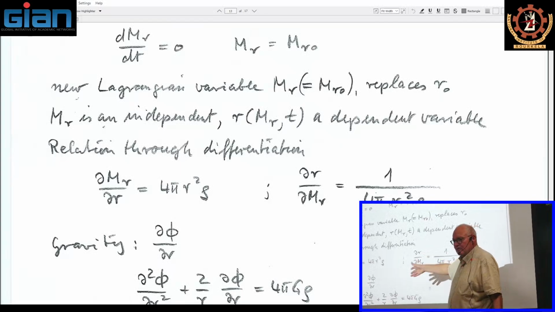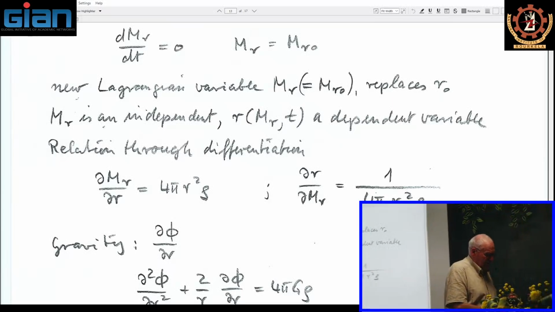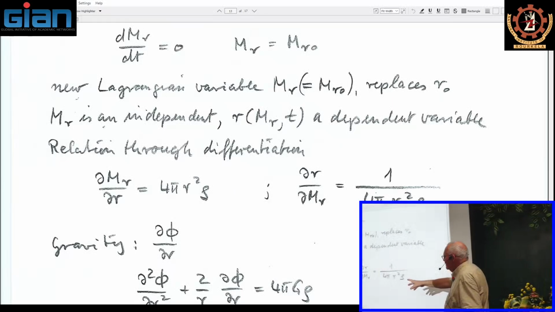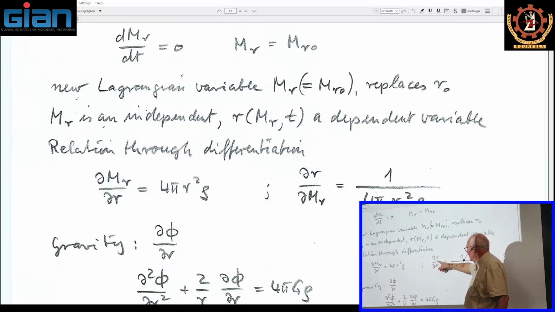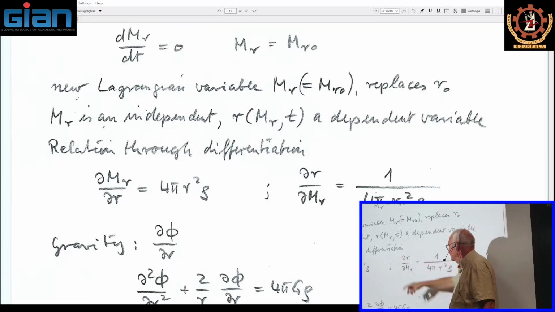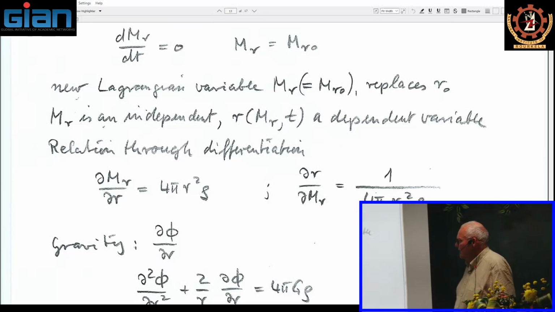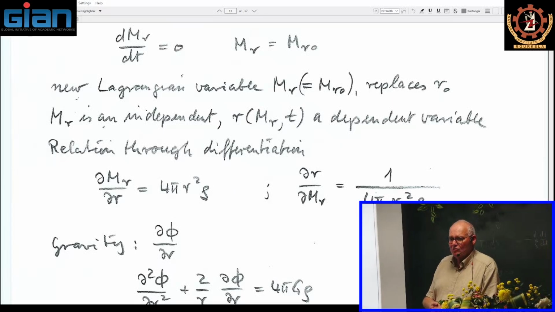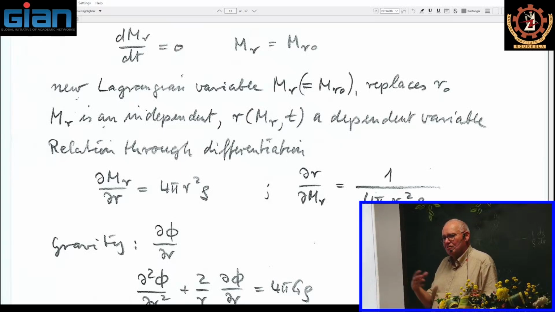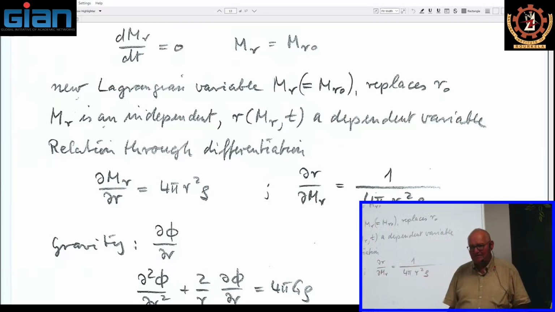If we invert this relation, we can rewrite it in terms of dr/dM(r). It's simply taking 1 over dM(r)/dr, which leads to dr/dM(r) equal to 1 over 4 pi r squared rho. This relation can now be used to change between the variables r and M(r), to transform from the variable radius to the variable mass.